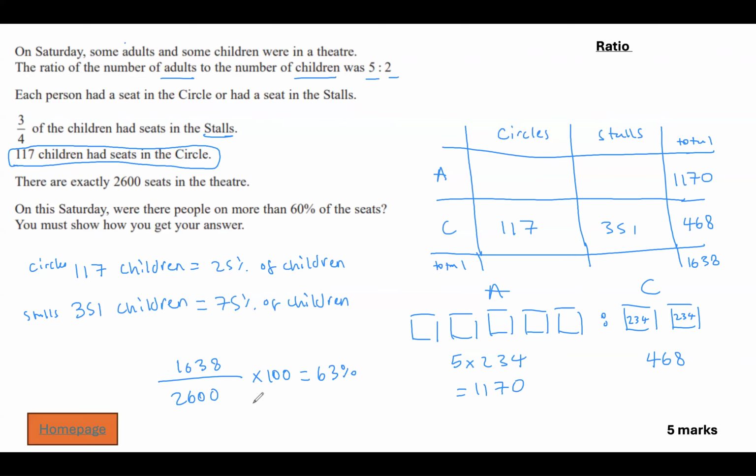So yes, as 63% is greater than 60%. And that is our answer. Now, this is a tricky question because it really requires you to read every little bit of detail in this question.